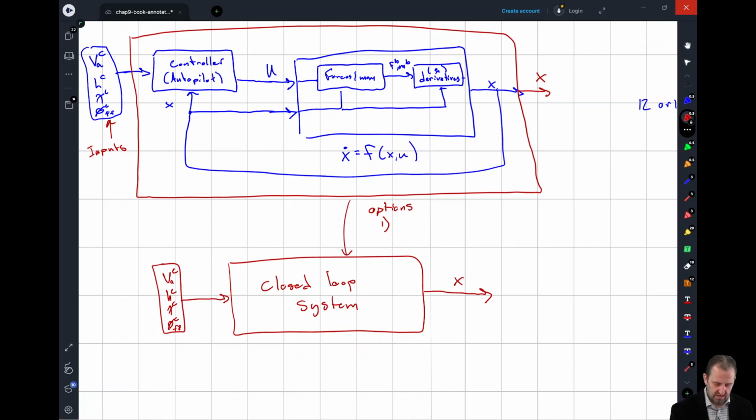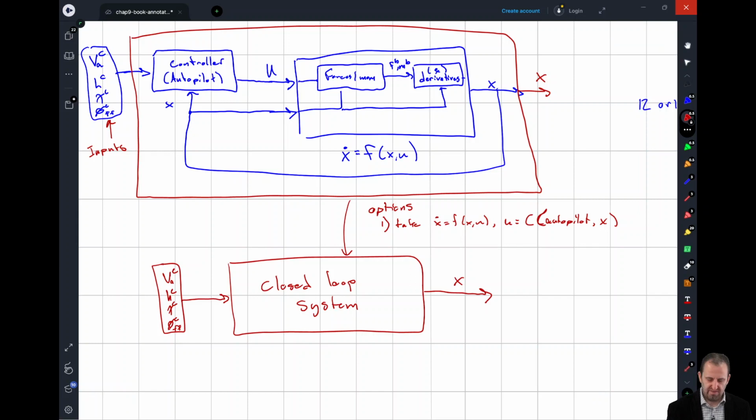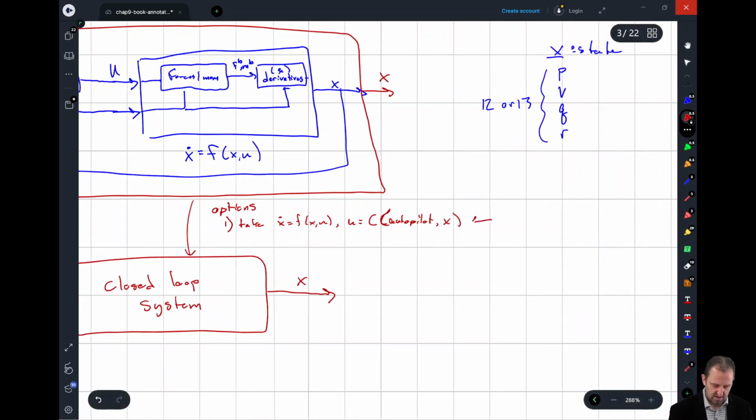We could take our original x dot equals f of x, u, and u is equal to some function of the commands, the autopilot, and our state, right? So we can model the really high fidelity. So this is our really high fidelity.